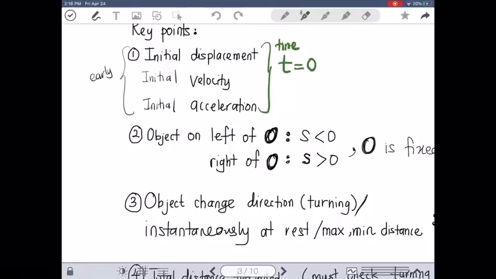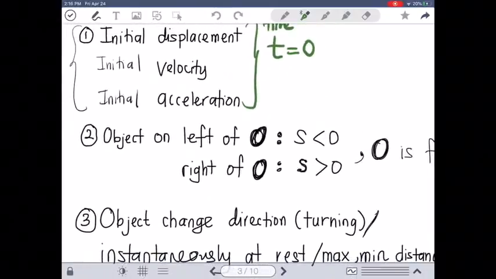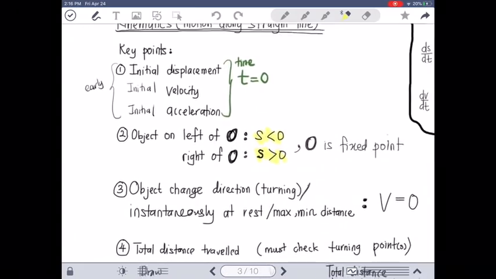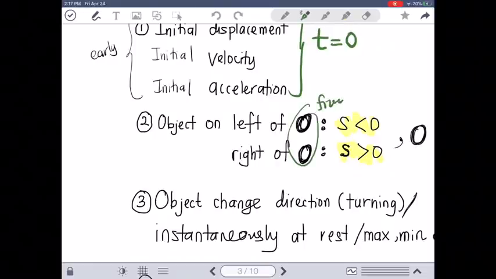And before this, we've talked about displacement less than 0 meaning that the object is on the left of fixed point O. If displacement is greater than 0, it means that the position of the object is on the right side of O, which is the fixed point, or starting point.